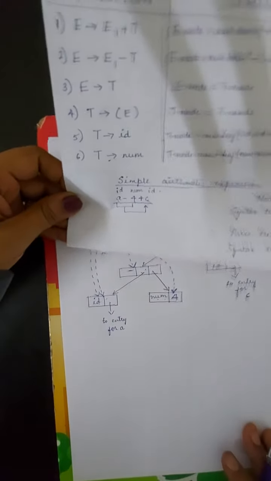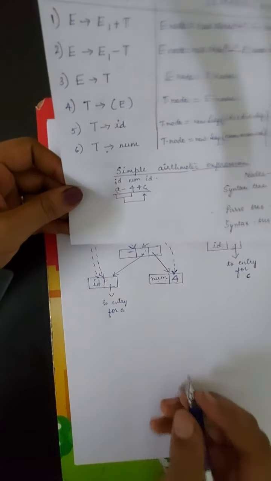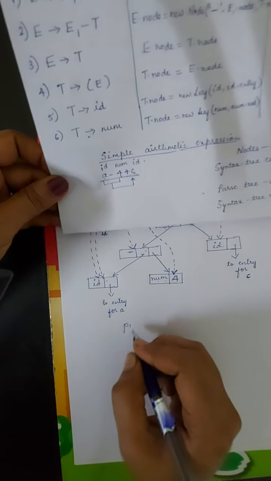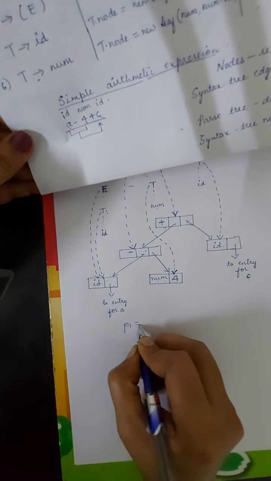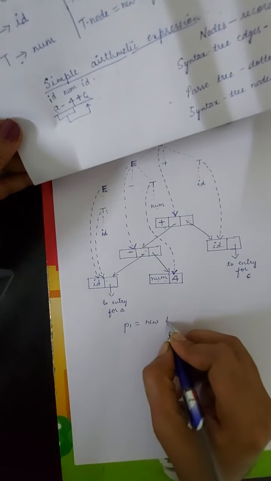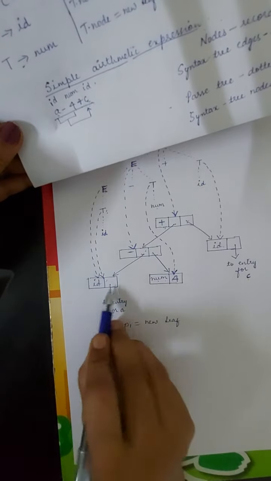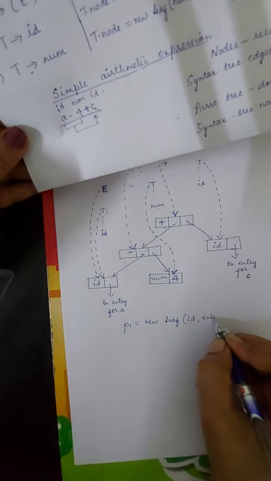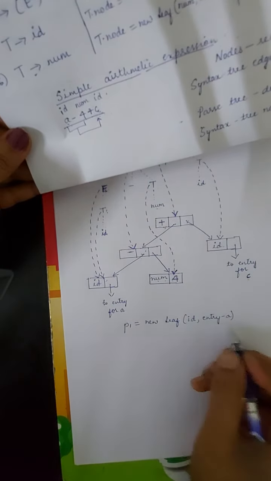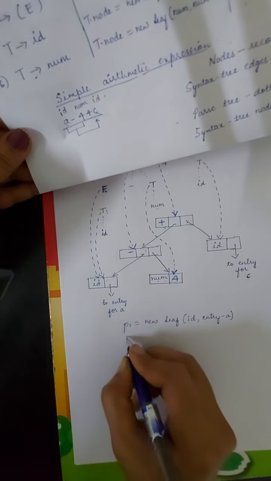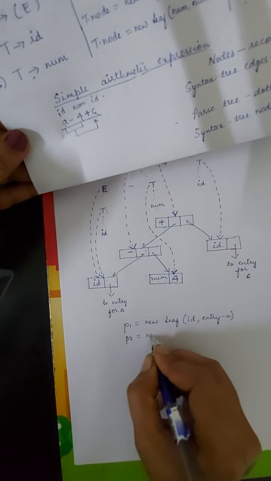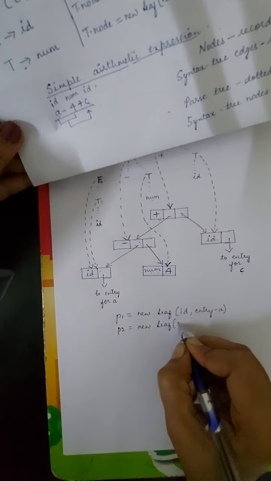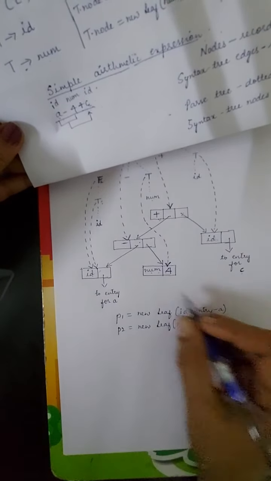So what are the steps for construction of this syntax tree? Over here, the first step that I write, let me write it in the form of P, okay. So for the first production I construct the leaf node, right? First object that is created. New leaf of ID comma entry for A. This is for P1. Whereas for P2, it is new leaf of num comma 4.